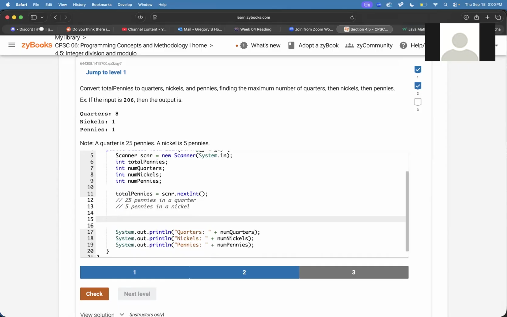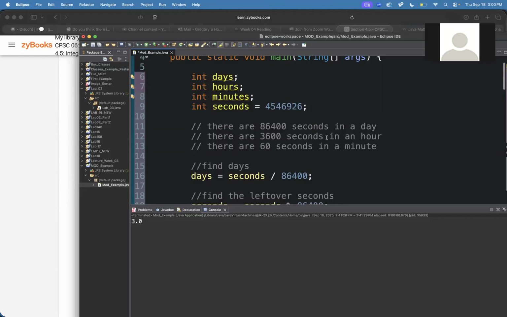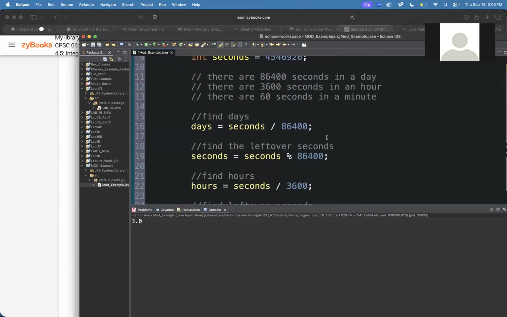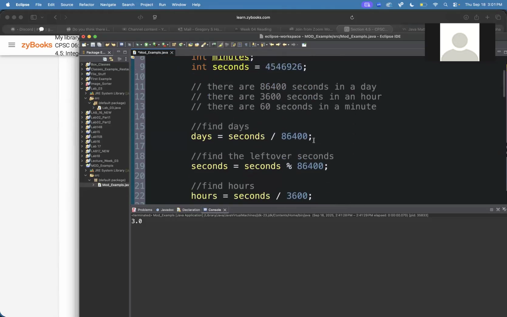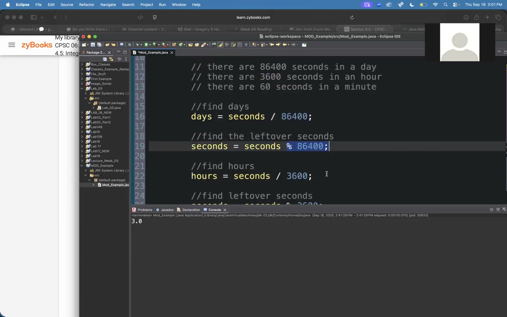So this is very similar to what we did in the previous lab with minutes and seconds. The idea is that if you're trying to convert a large number of seconds into days, hours, minutes, seconds, it's a two-step process. You divide to find how many days there are, and then you do modulo to find how many seconds are left over.